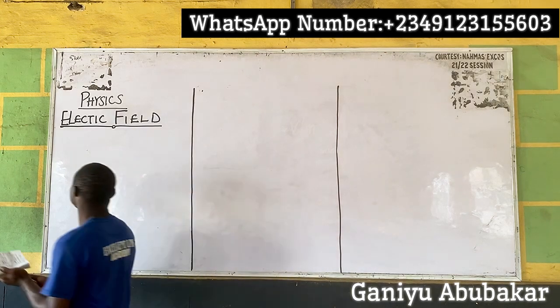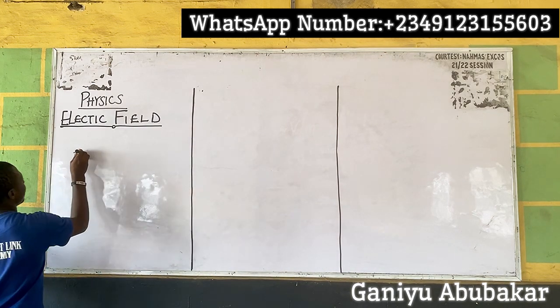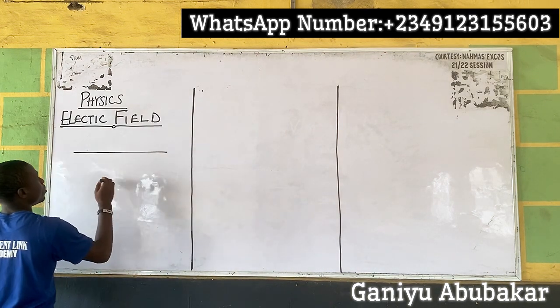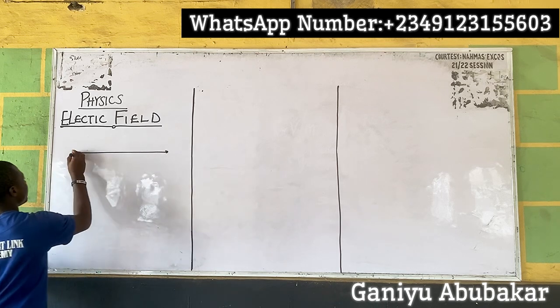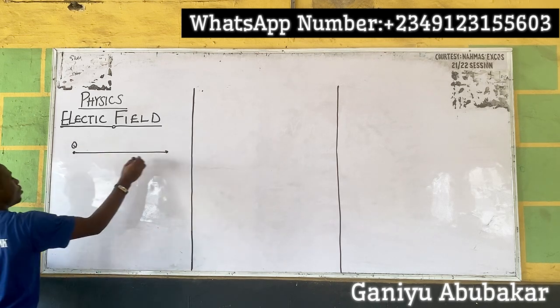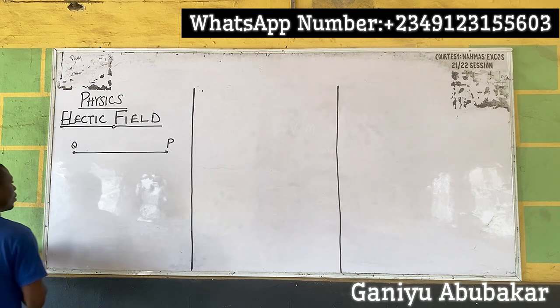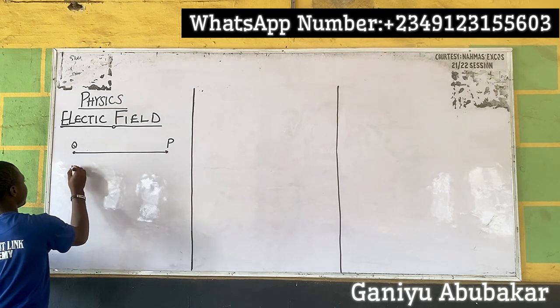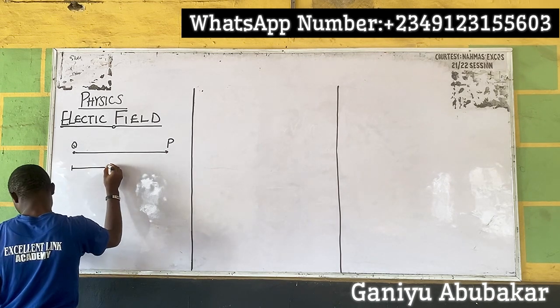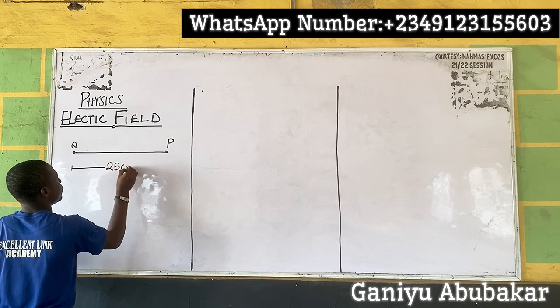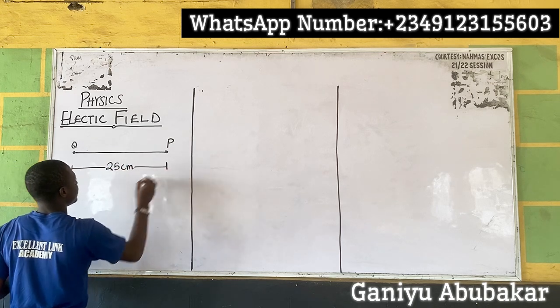Q. So I have my normal concept. From charge Q, this here becomes my Q, here becomes my P, and the distance from here to this point is of course 25 cm as indicated in the question.